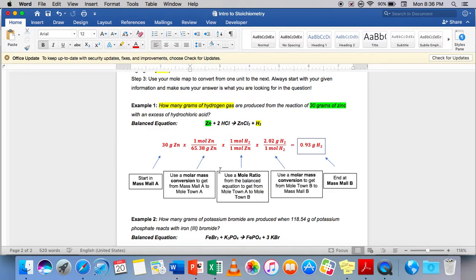I want you to remember to also ignore the ones. If it's a 1, don't worry about it. So in my calculator, I would take 30 divided by 65.38 and multiply it by 2.02. When I do that, I would get 0.93 grams.